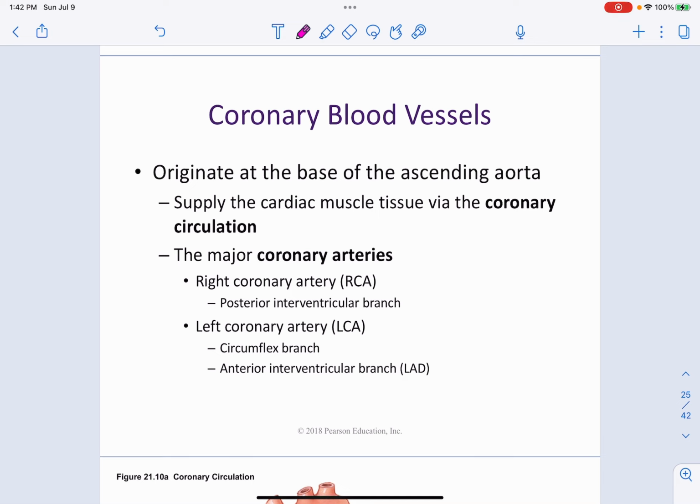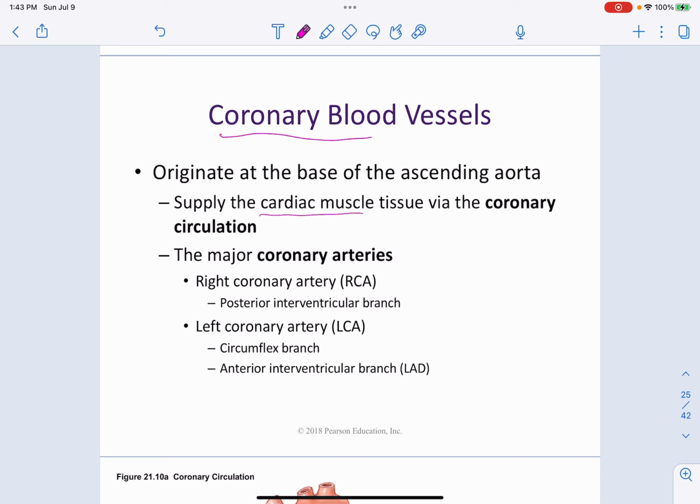So the heart actually has, just like every other organ in the body, its own blood supply. That is what's referred to as the coronary blood vessels. These are blood vessels that provide blood to the tissue, so they are going to supply cardiac muscle tissue via the coronary circulation. There are a series of named arteries that surround the heart and provide the heart with blood.